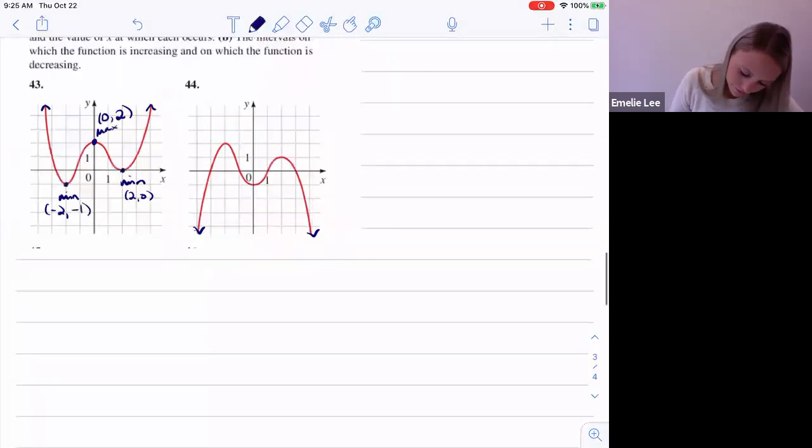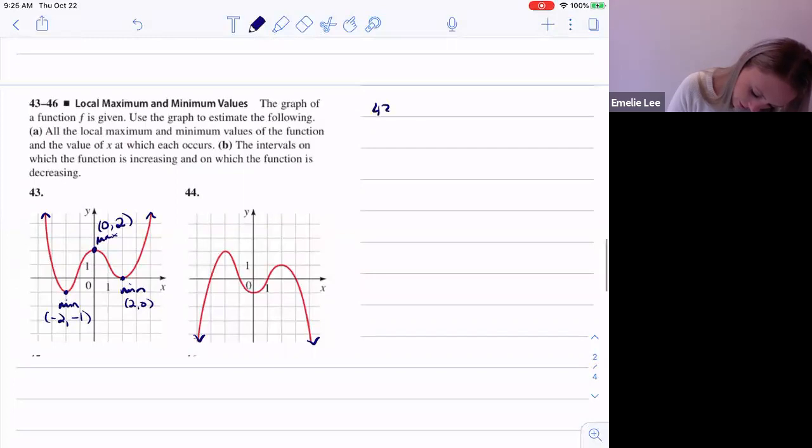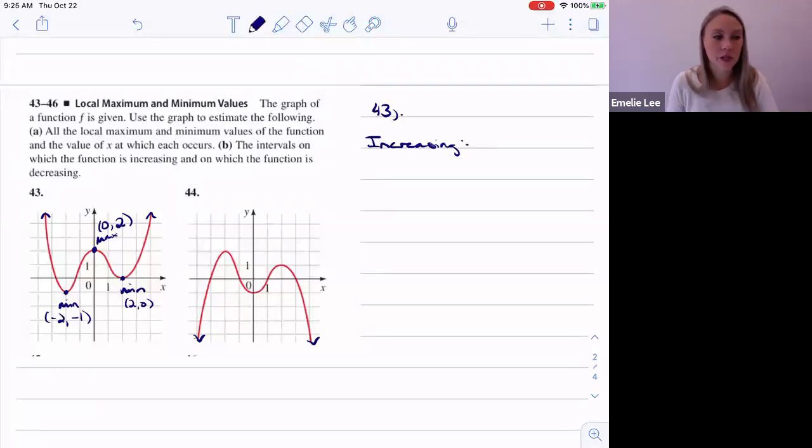So for 43, where is it increasing? We'll use interval notation, right? So it's increasing, we said, from x equals -2 to x equals 0. And then it's increasing again from x equals 2 to infinity.